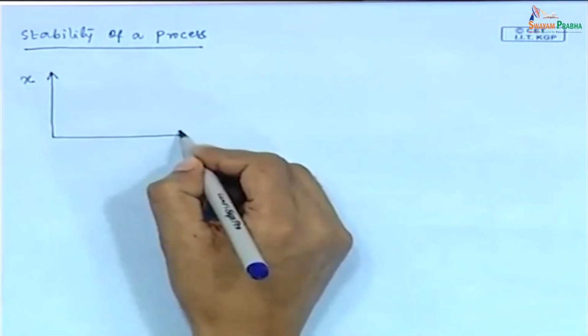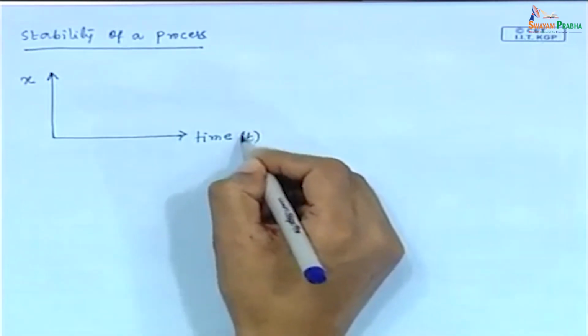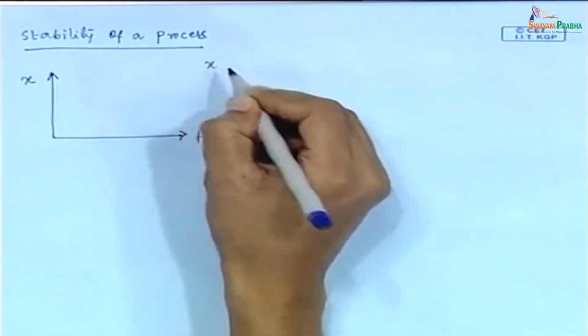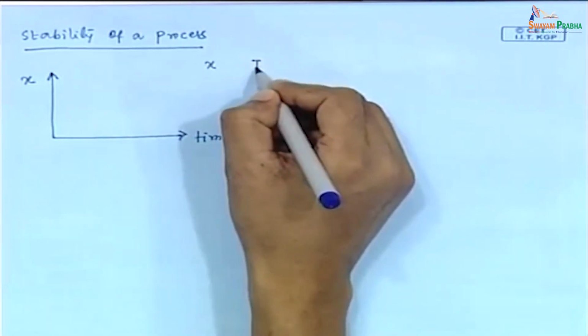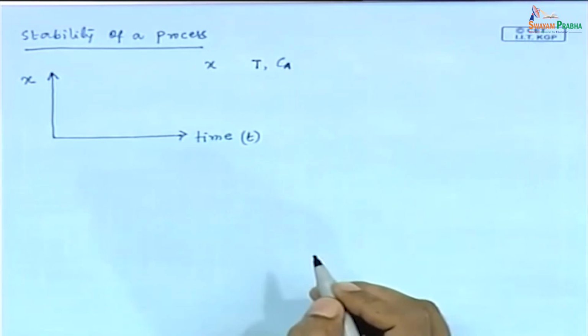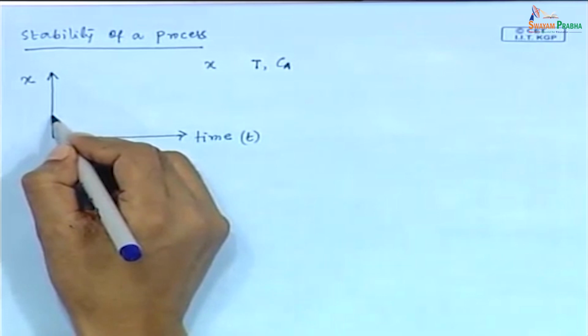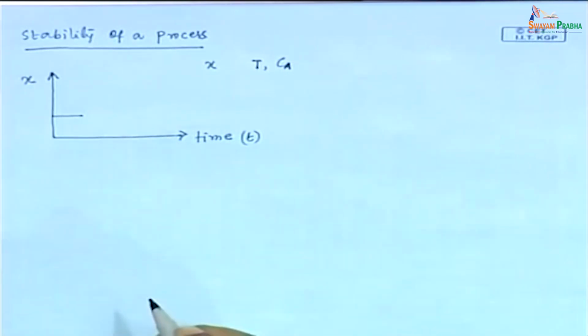This is x and this is time t. This x may be temperature, x may be concentration. Fine. Now, as I mentioned, initially the process is at steady state.